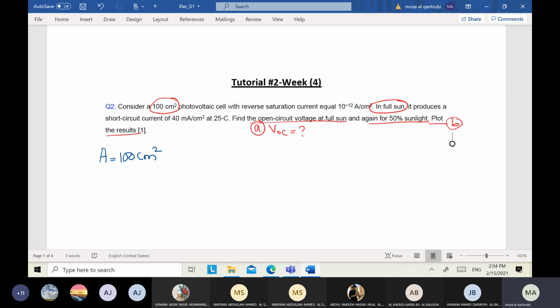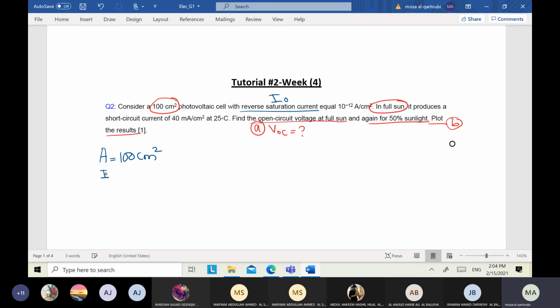Reverse saturation current, the symbol of this current is I naught. So the reverse saturation current I naught is given as 10 power minus 12. Anyone remember this unit, 10 power minus 12? Pico. So pico ampere per centimeter square, current with respect to unit area.